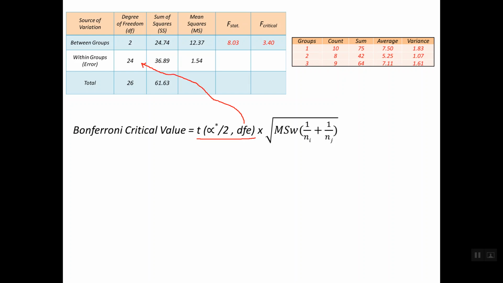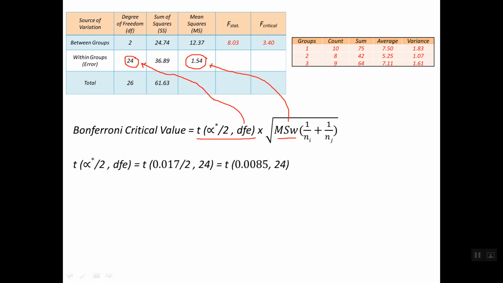It is 24. Multiplied by the square root of the mean square within, or mean square for the error, which is inside the one-way ANOVA table, and it is 1.54. Multiplied by the square root of 1 over n sub i plus 1 over n sub j. i and j are the groups, or the three groups we have in our equation.